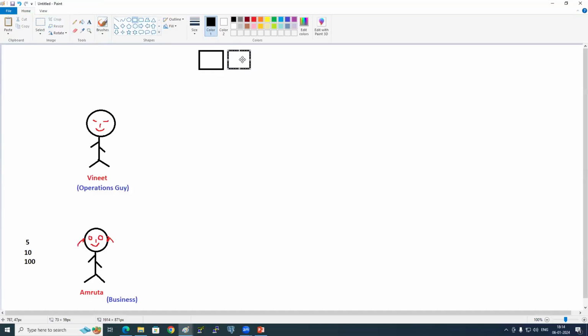How many servers here? 2. The number of people is increasing and the number of servers is also increasing. How many servers are there now? 4 servers. Now Amruta is very good in business and she's getting a lot of projects and Vineet keeps on adding servers.